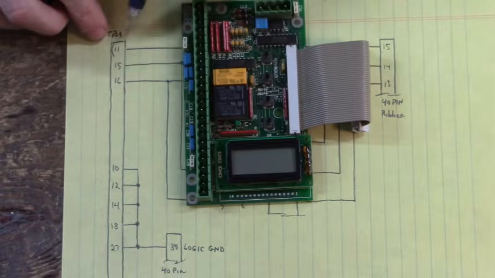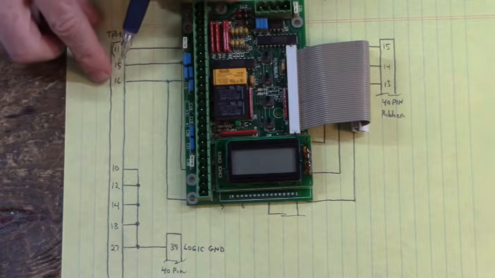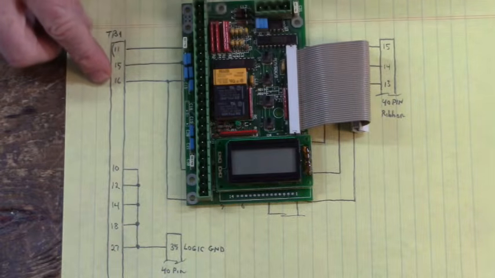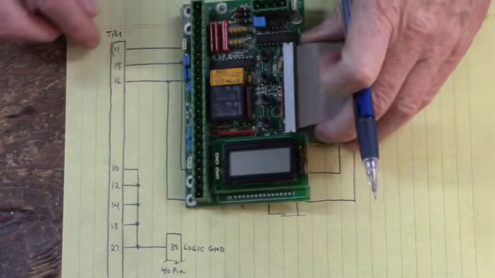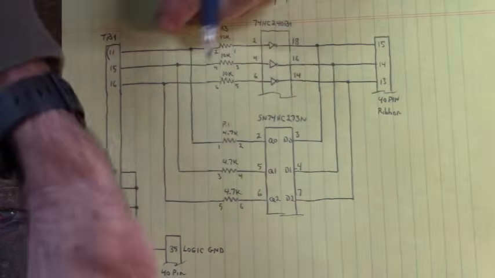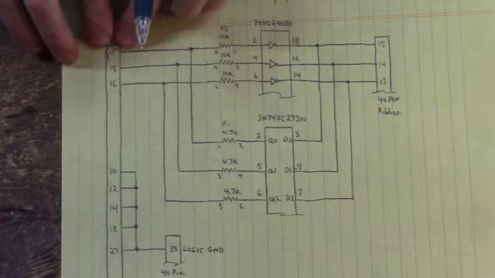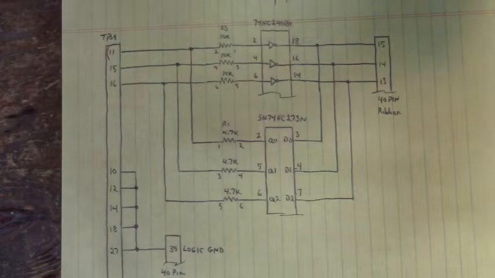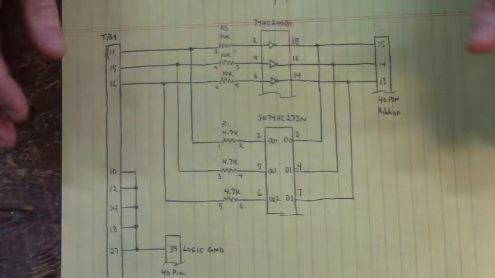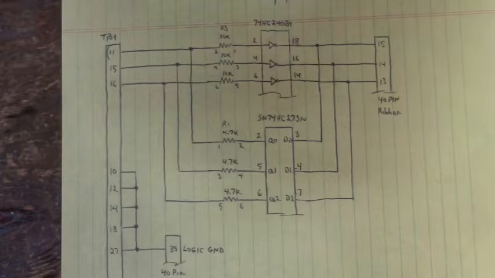Here is 11, 15, and 16 on this connector right here, TB1, terminal board 1. And like I said before, 11 is enable and 16 is run forward. Now the question that I had in my mind was, how in the world is that programmable?